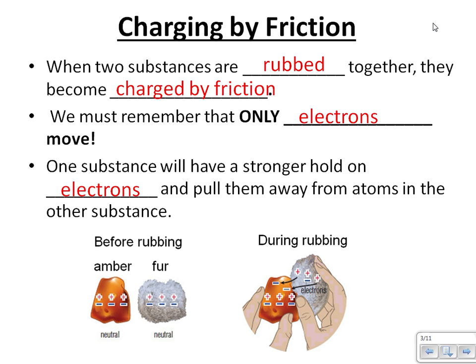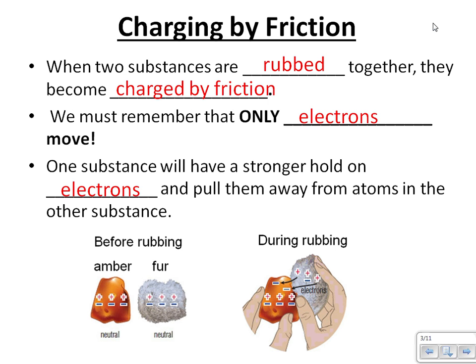So if we look at this little diagram at the bottom, before rubbing, both the amber and the fur are neutral and they have an equal number of positive and negative charges. When we rub them together, amber ends up having a stronger pull on the electrons than the fur does. So the electrons move from the fur to the amber.